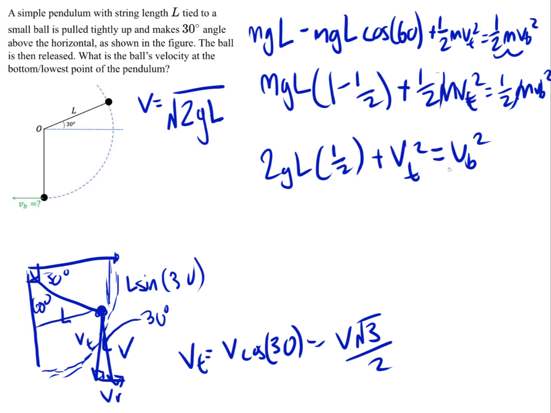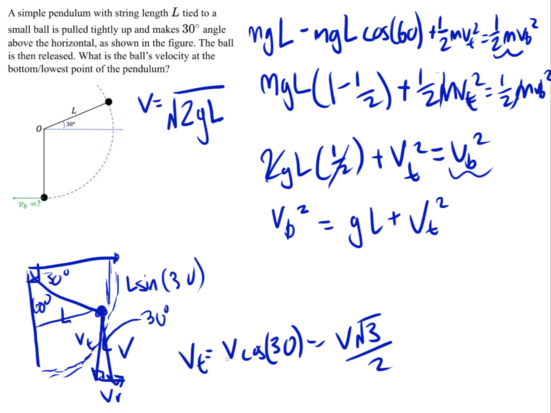So now all we need to do is solve for v_b, the velocity at the bottom. So v_b squared, these two cancel each other out, so it's simply gL plus the tangential component of the velocity when it's undergoing circular motion, squared.